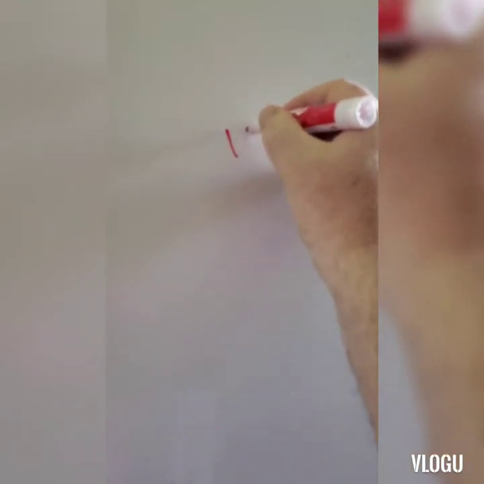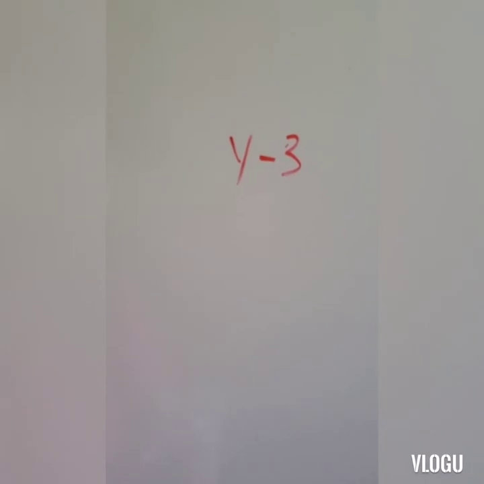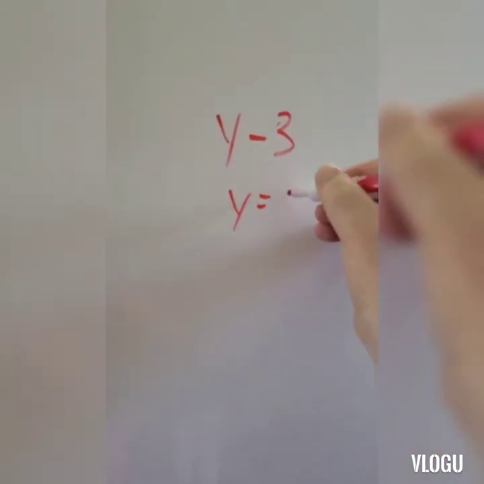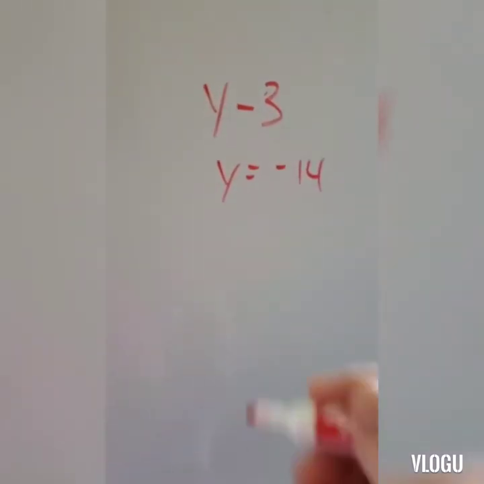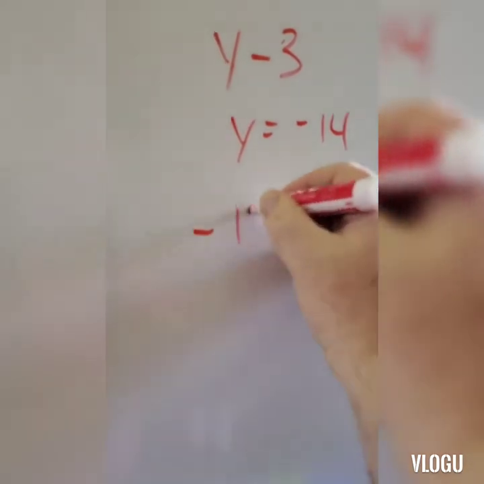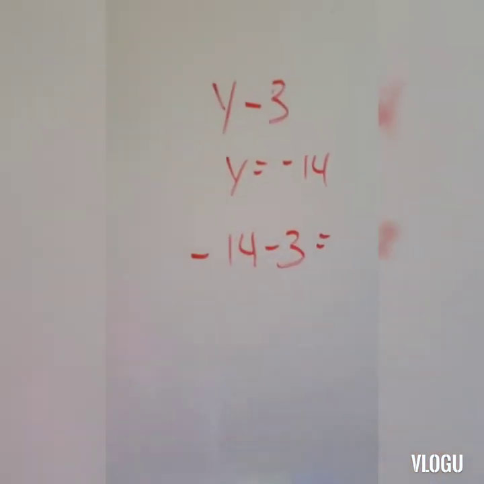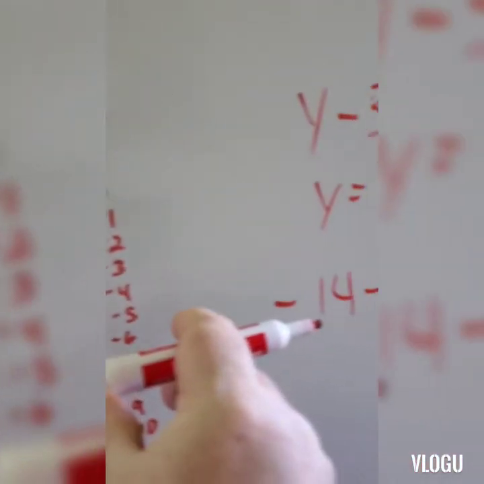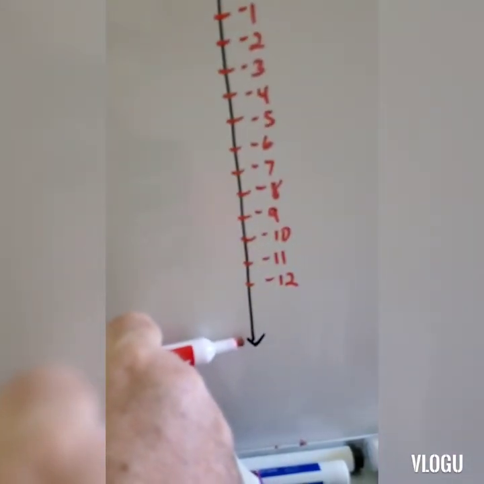How about number 5? It says y minus 3. So solve it when y is equal to negative 14. So what our problem really is, negative 14 minus 3. And that's very doable. Our starting point is going to be negative 14, down here.